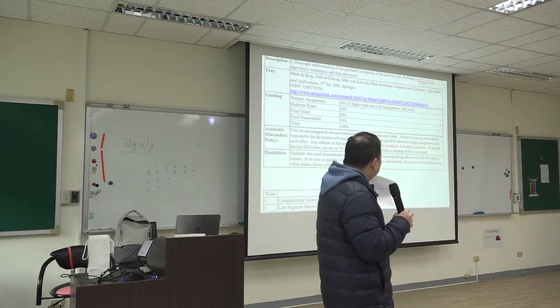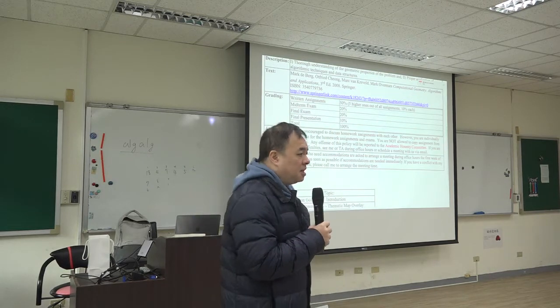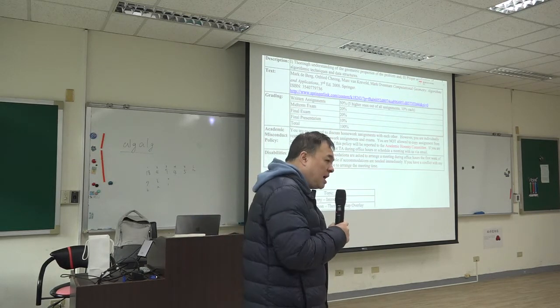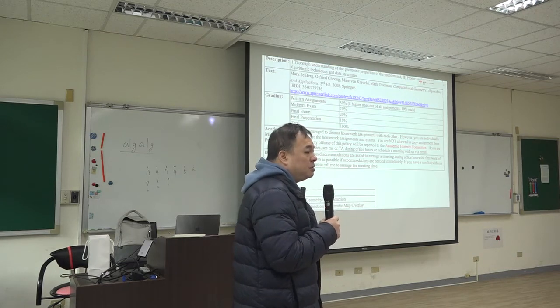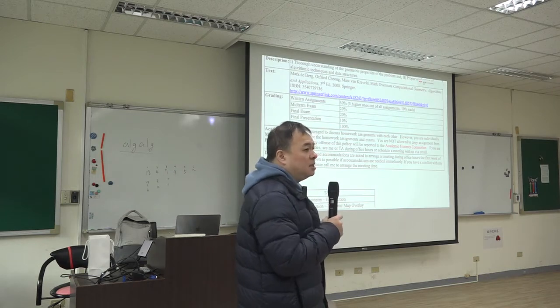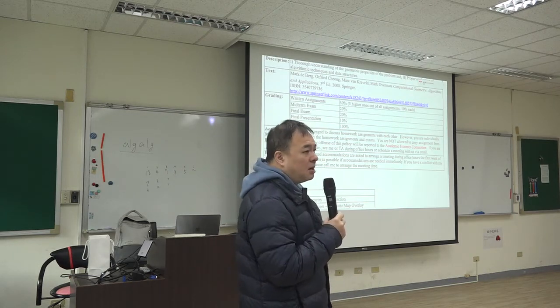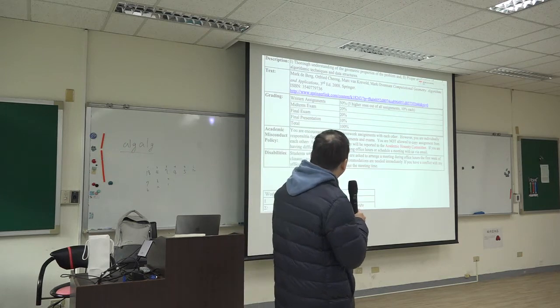This book is considered one of the best textbooks for this topic. Of course, there are other computational geometry textbooks out there, but this one is perhaps the best one that I could find for you guys. You can go to Amazon to check it out as well.